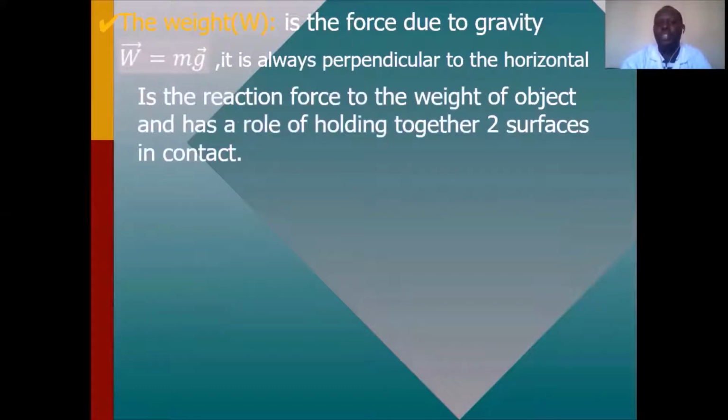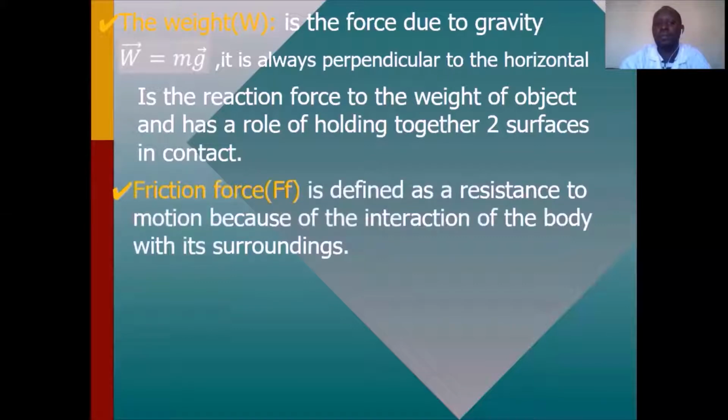It is the reaction force to the weight of the object and has a role of holding together two surfaces in contact. The friction force is defined as a resistance to motion because of the interaction of the body with its surroundings.